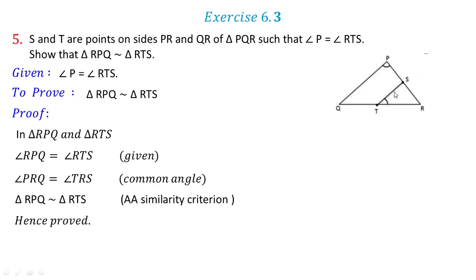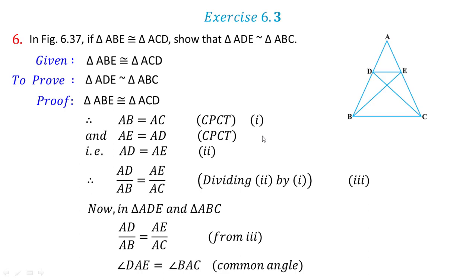Now it's very simple. Angle R is common to both the triangles, and angle P and angle T are equal. It is already given. So by AA criteria, you can say that these two triangles are similar. Wonderful, simple question, right? Now let us see this question.